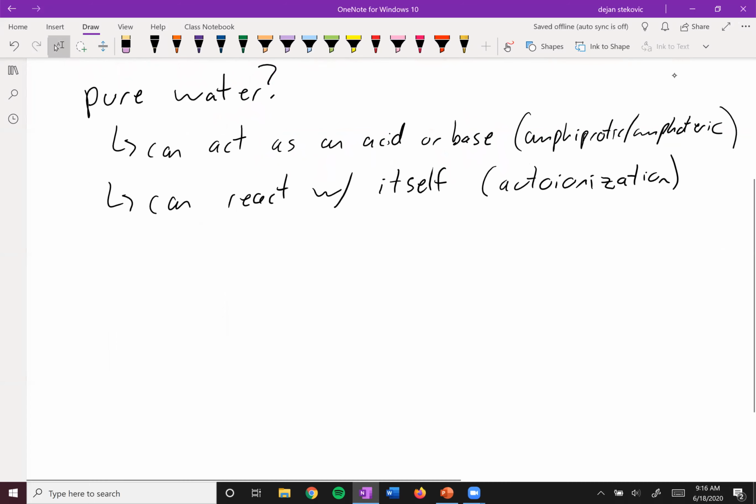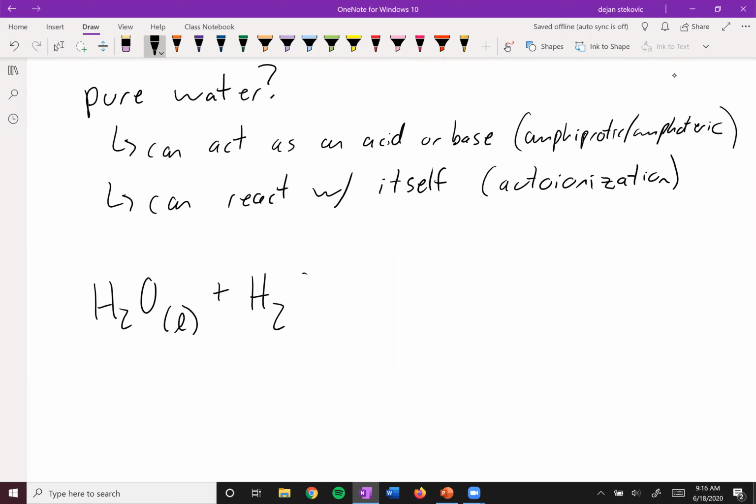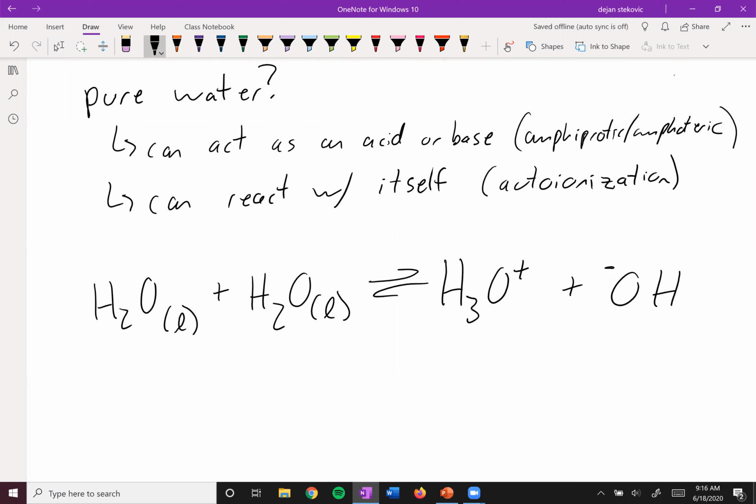So, for example, when we have water, which is a liquid, reacting with another water, which is obviously still a liquid, they can autoionize one another. One can donate an H plus and one can accept an H plus. So we would form H3O plus and hydroxide. That's how it would autoionize.